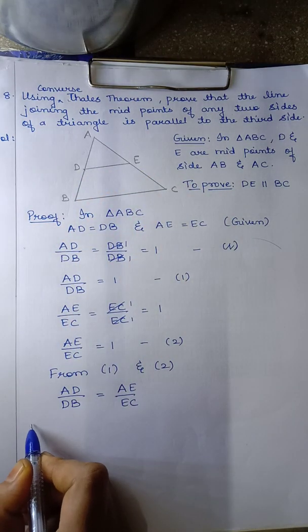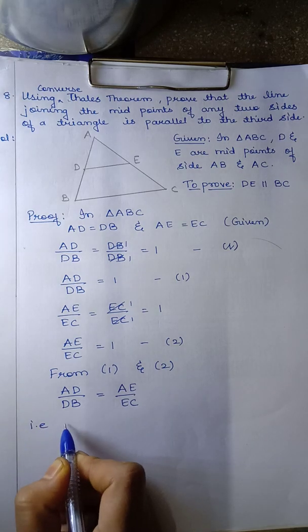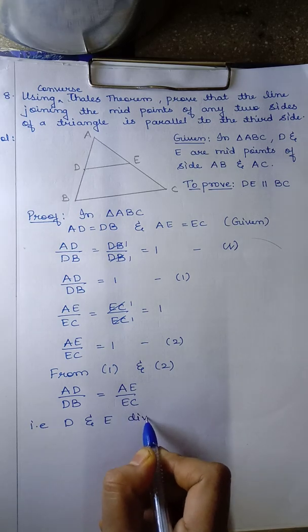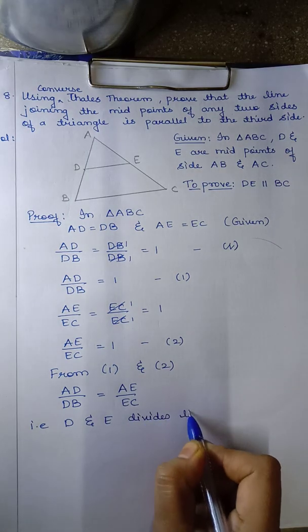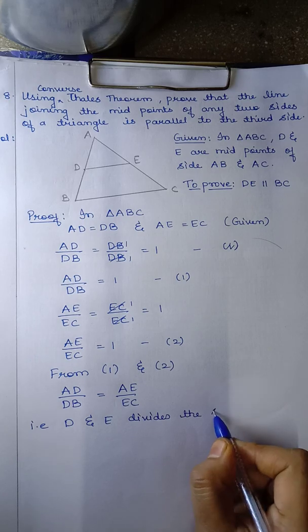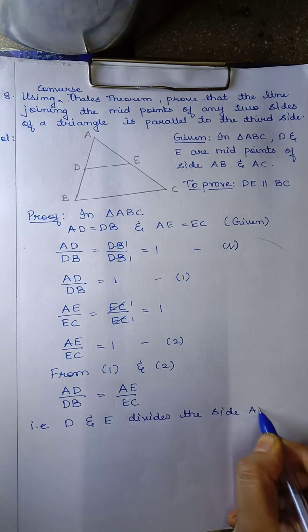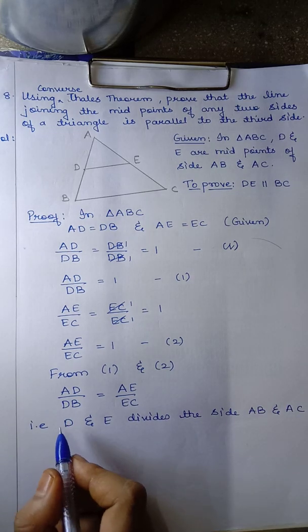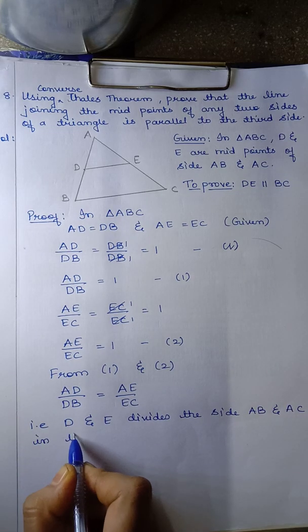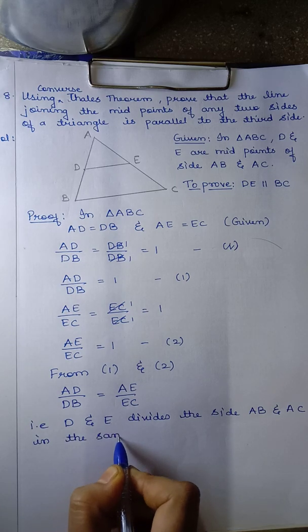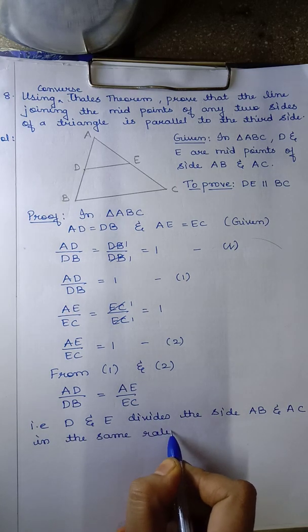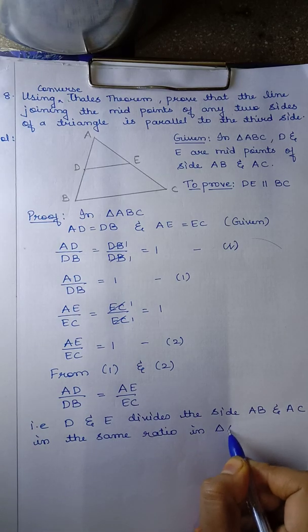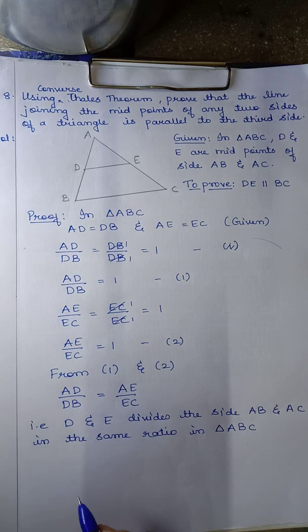Okay, so you have to write the statement, that is, D and E divide the sides AB and AC in the same ratio in triangle ABC.